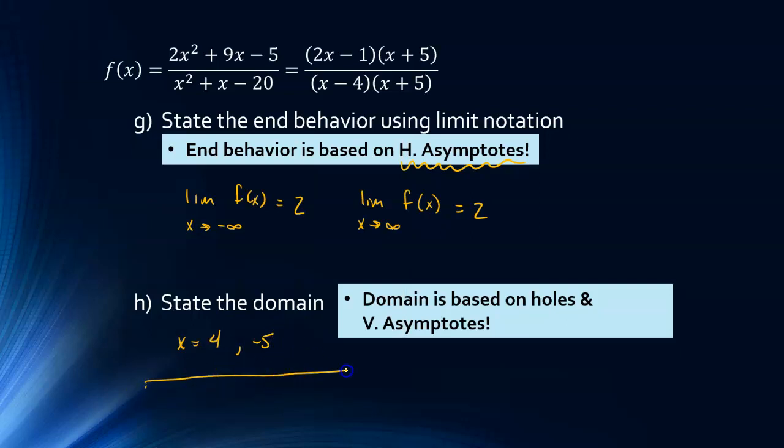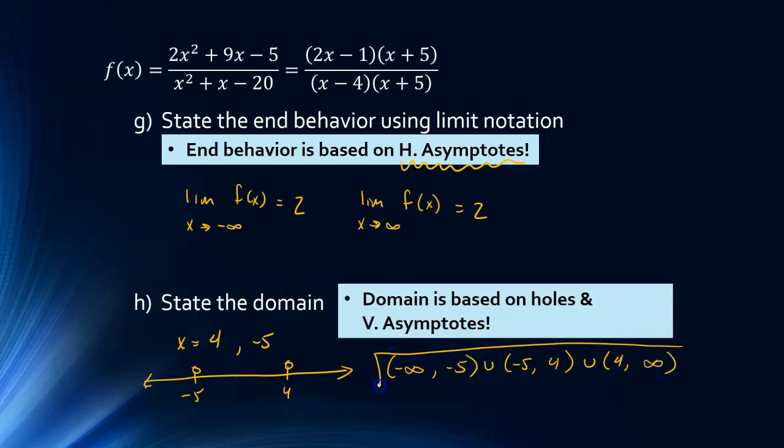All right, so if we had a number line, we'd have a gap, an asymptote at -5, and we'd have an asymptote at 4. But everything else would be included. So we would say from negative infinity to -5, from -5 to 4, and from 4 to infinity. That would be the domain of that function.